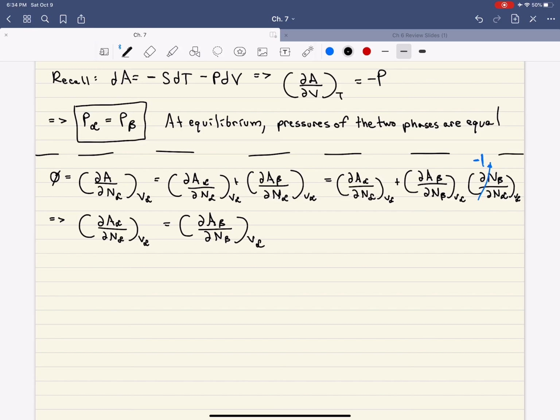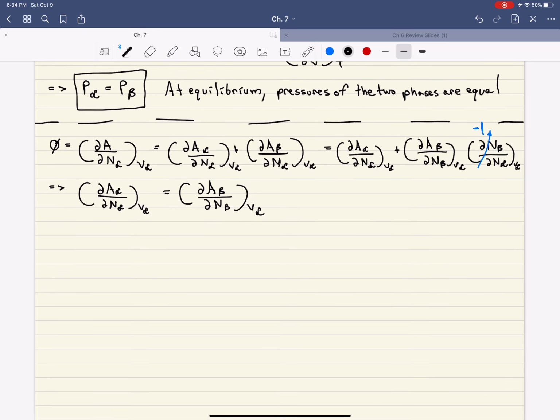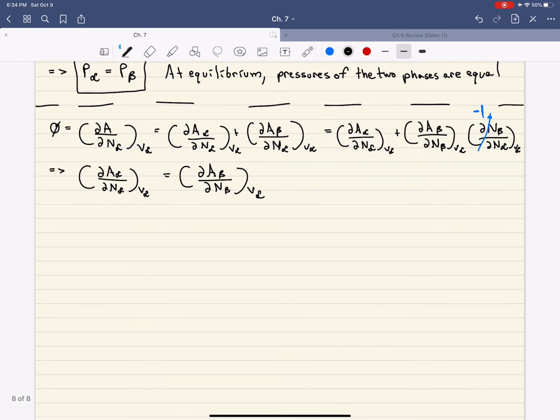Okay? All right, and so we have this relationship between the two partial derivatives of the alpha and the beta phases. But we want to dig deeper into what exactly this means.